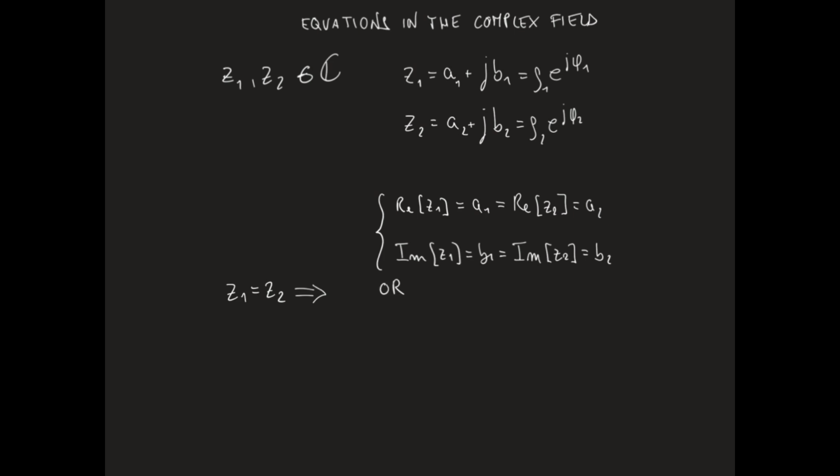Or equivalently, we may mean that the modulus of z1, which is equal to rho 1, is equal to the modulus of z2, which is equal to rho 2, and that the phase of z1, which is equal to phi 1, is equal to the phase of z2, which is equal to phi 2. So an equation in the complex field always translates into a pair of equations in the real field.